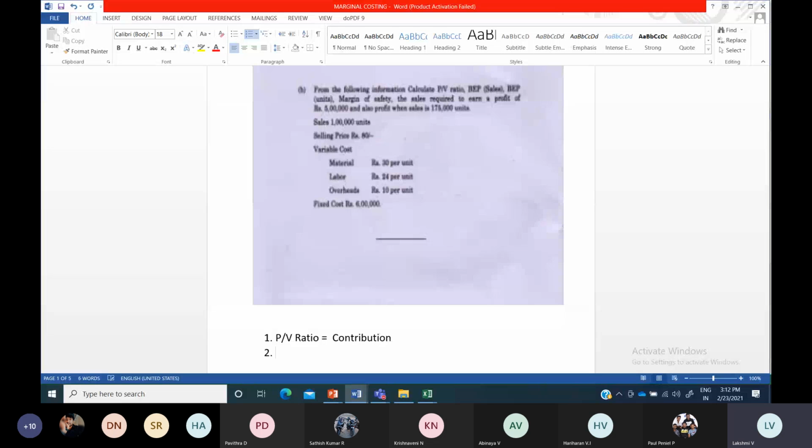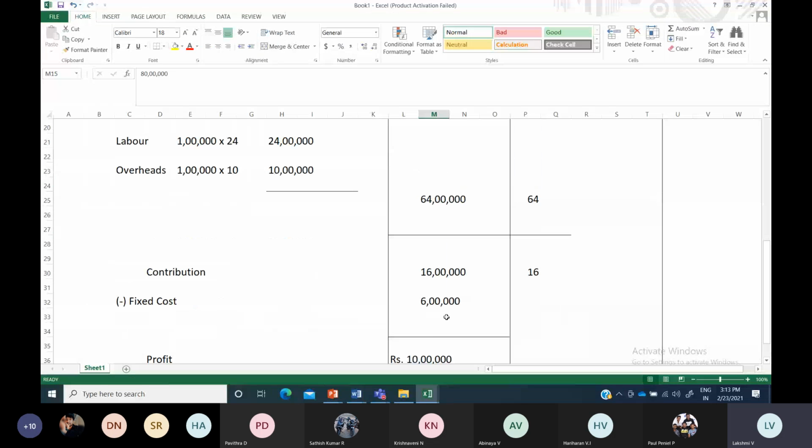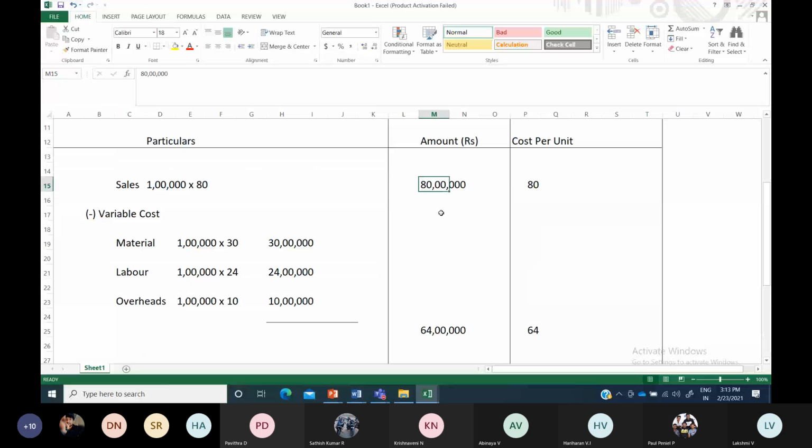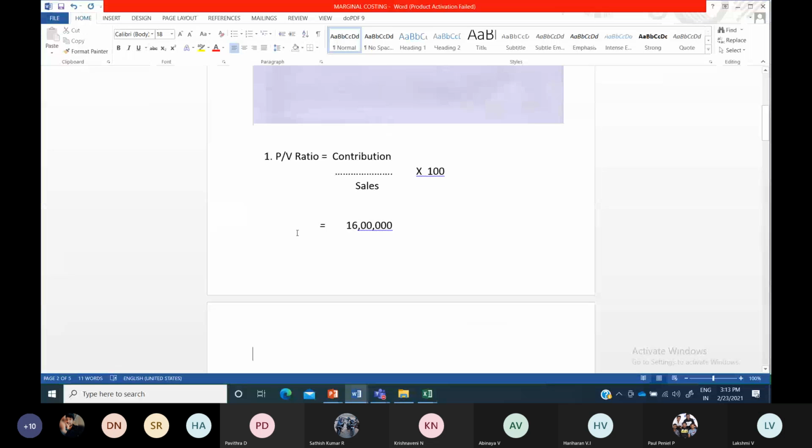So contribution amount, if you see, it is 16 lakh and sales amount is 80 lakhs. Okay, so 16 lakhs divided by 80 lakhs into 100. 16 lakh is your contribution. From that statement, you have to go through.